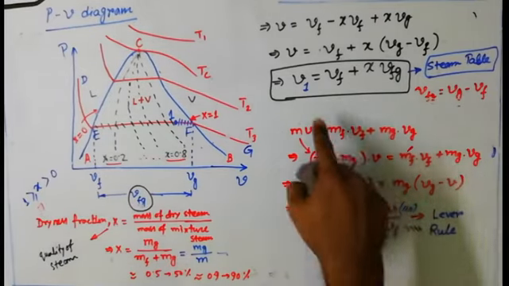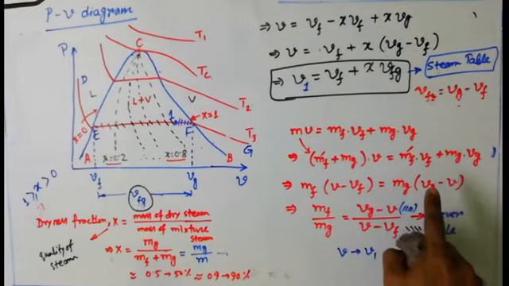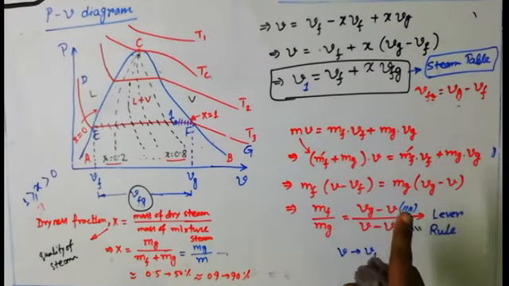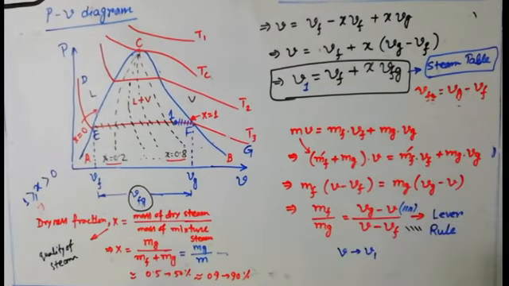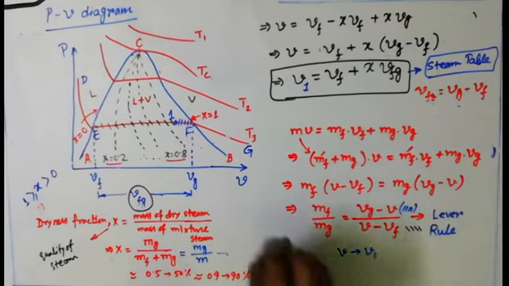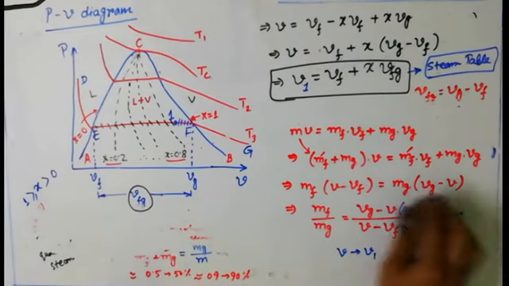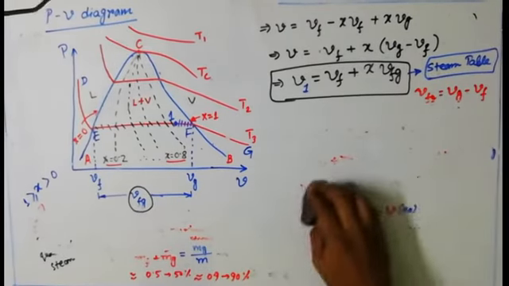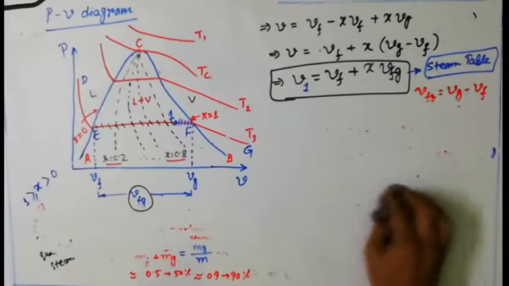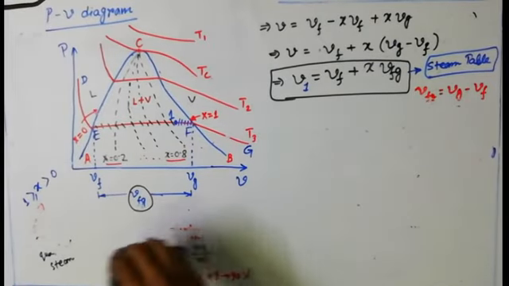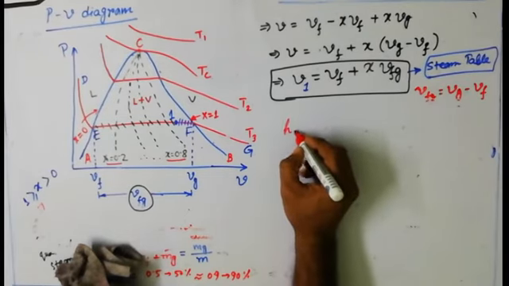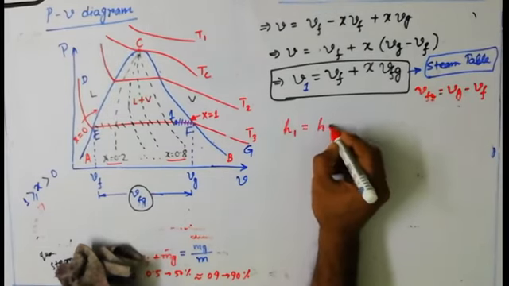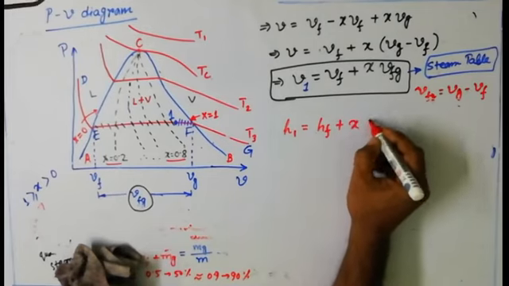Now if you can see that particular relationship, that same relationship can be used for finding the rest of the thermodynamic properties. Suppose we try to find out the specific enthalpy for that particular steam which is locating at point 1, then you can write the specific enthalpy formula in that particular manner, hf plus x into hfg.